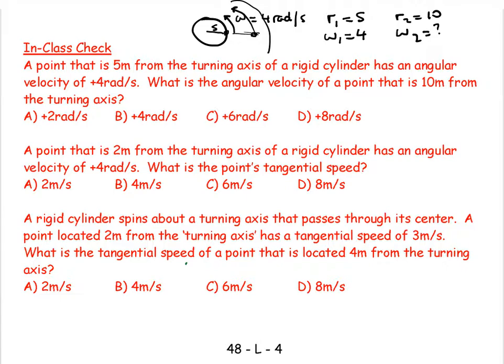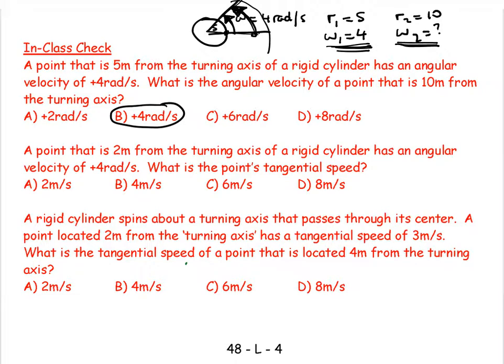These points have the same angular velocity. So what we can say is that, if the angular velocity of the inside one is 4 radians per second, then the angular velocity of the outside one is 4 radians per second, because they go through the same angle in the same time.